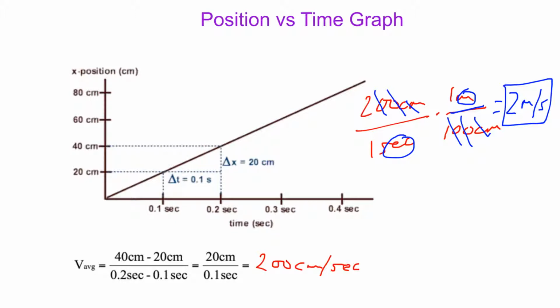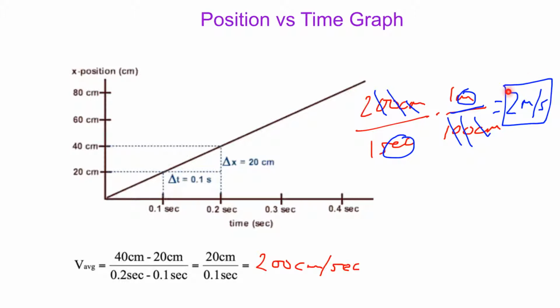Now let's look at the graph overall. You'll notice that this line here is a straight line all the way along. So even though we found the velocity just in this little section, we can actually go ahead and extrapolate and extend that along the entire line. The velocity of the object was 2 meters per second the entire time that the object was moving. Okay, so what can you say about the velocity of the object?